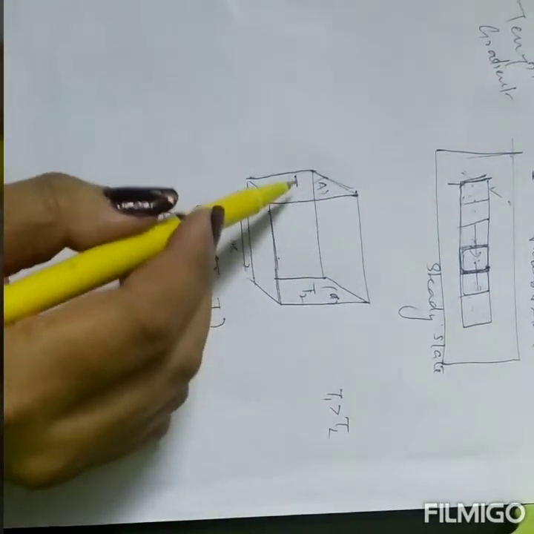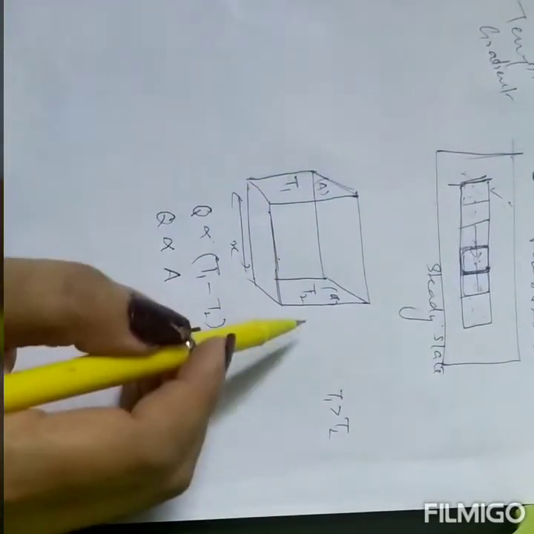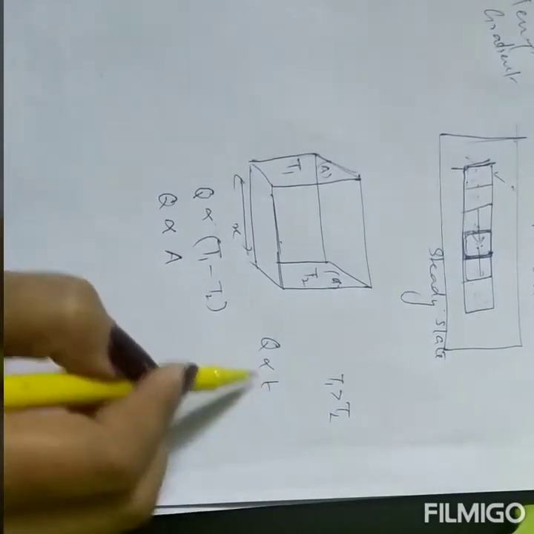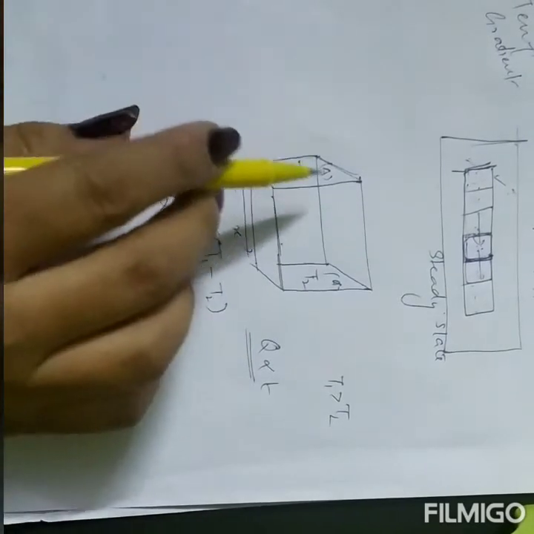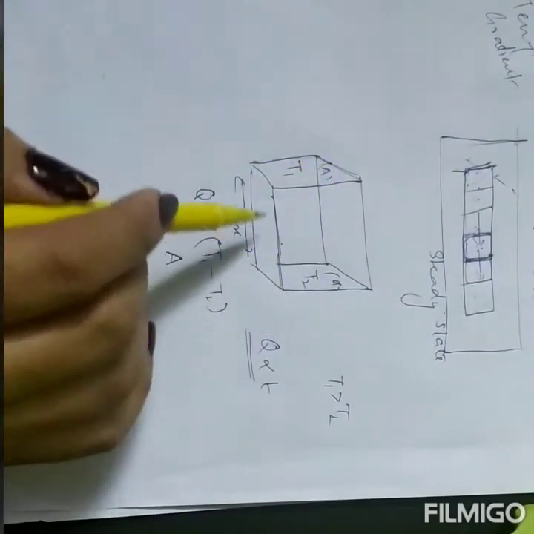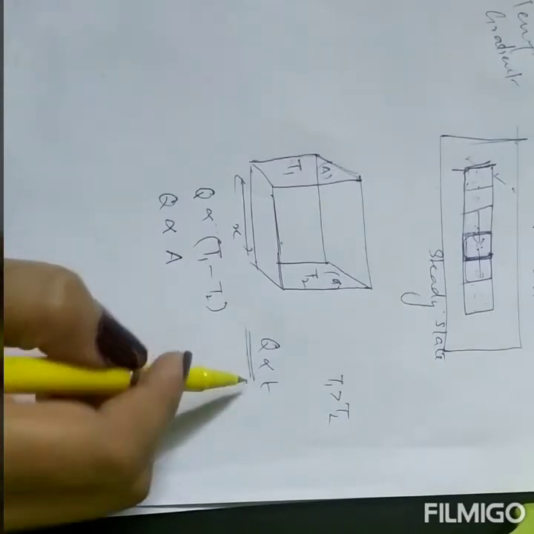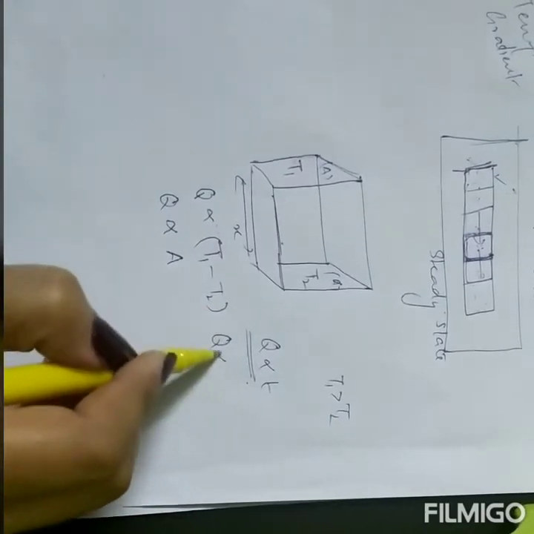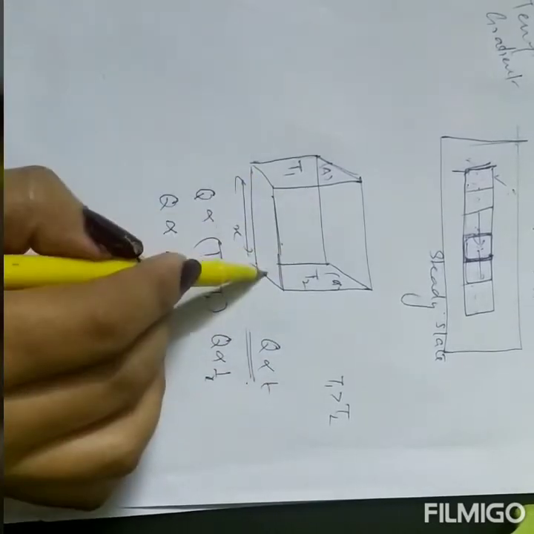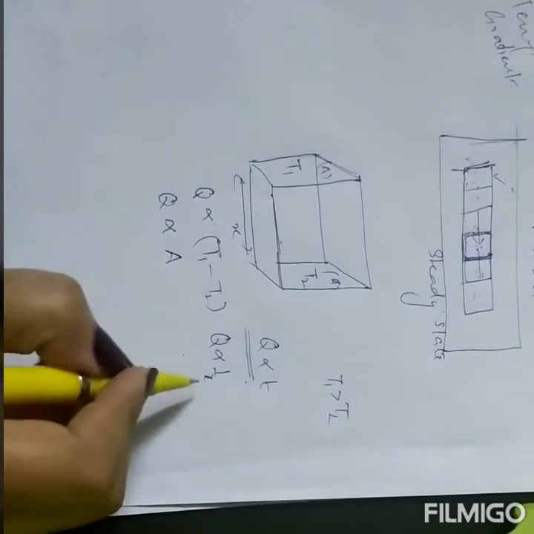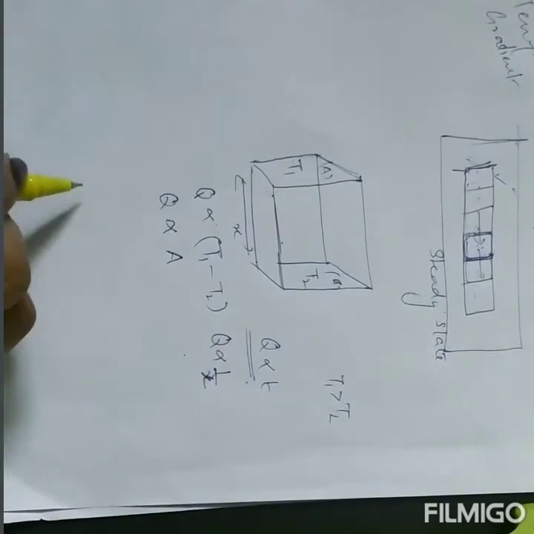If the area is more, there will be more heat transfer. It is also directly proportional to the time for which the heat flows, and inversely proportional to the distance between the two faces. If the distance is more, the heat transfer will be less. So it is inversely proportional to x.